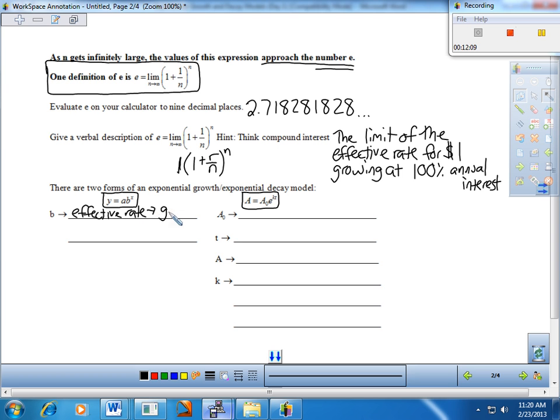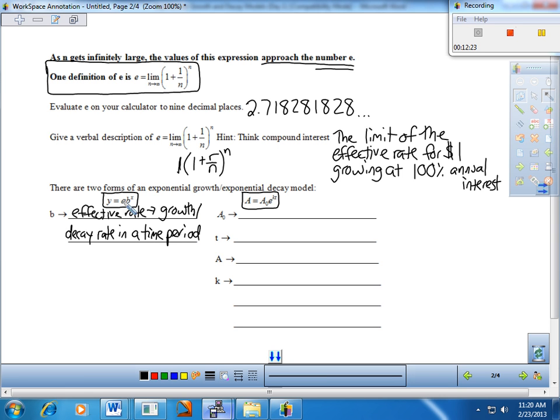So I'm going to write this, growth/decay rate in a time period. And when we started this unit, we talked about exactly that piece. It comes from a percentage increase in a time period, or decrease for that matter, and we went out and got our b value as a result. So I would call it the effective rate. It's really the true growth rate in a time period.